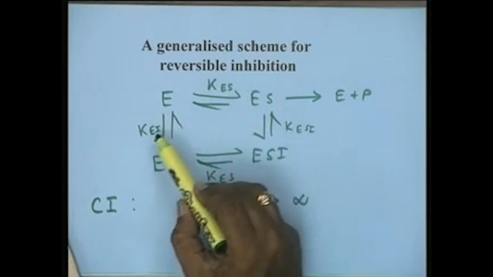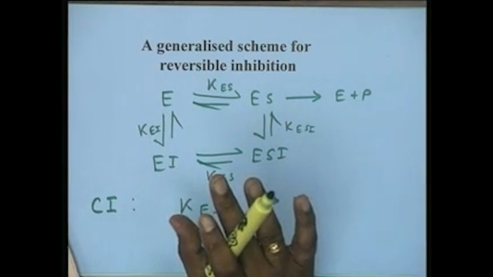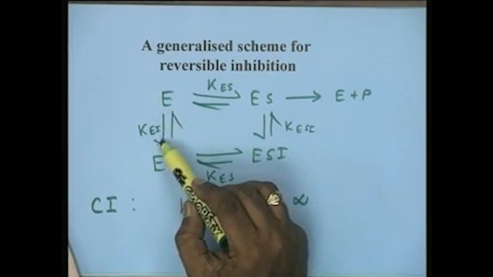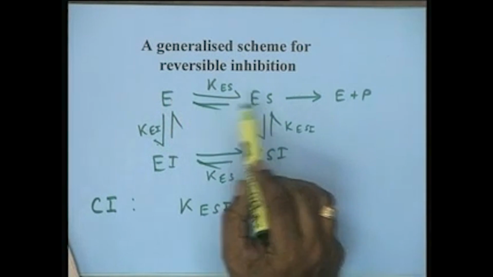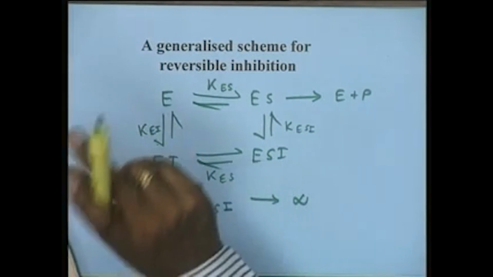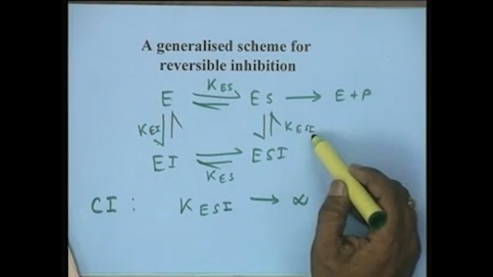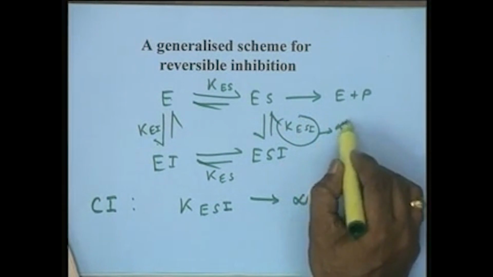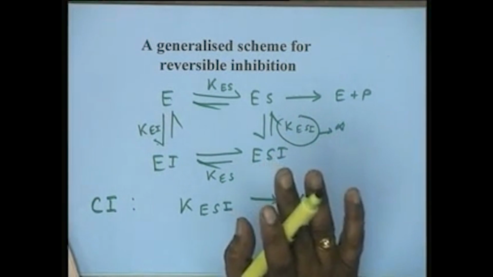KES and KEI will have definite magnitude. That means the enzyme can bind either to inhibitor or to substrate, and KES and KEI will have definite magnitude, but the KESI will be infinity, and that is a typical case of a competitive inhibitor.